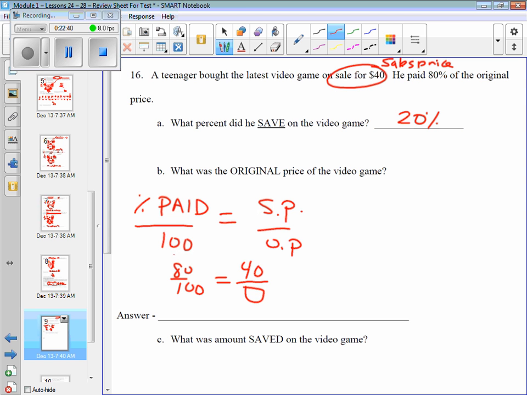Now we could reduce this, but as is right now, we can see that if we multiply 40 times 2, we get what we need. Or if you go this way, you're dividing by 2. So if you do the same thing to your 100, you're going to get an original price of $50. And that's the number that we need.